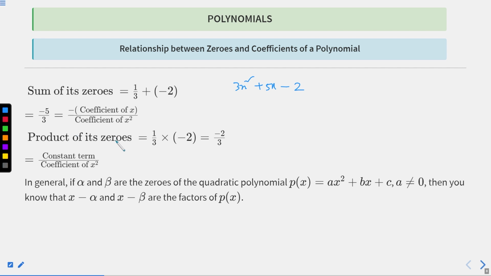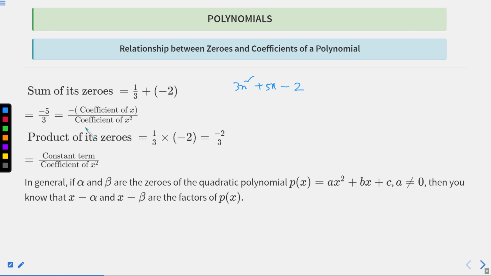So we observe that the sum of its zeros is equal to minus coefficient of x divided by coefficient of x square. Now if we take the product of its zeros, that is 1 by 3 times minus 2, which is equal to minus 2 by 3.